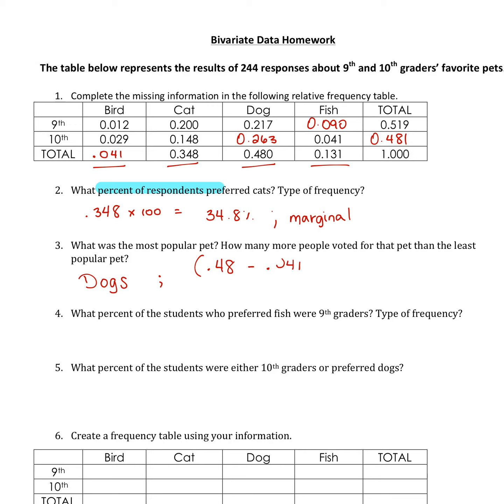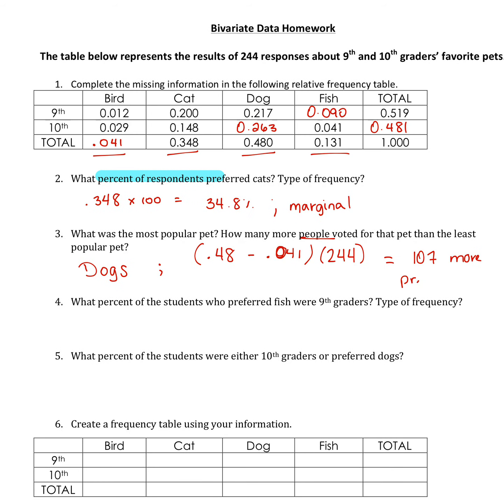So 0.041, and now because it's not asking for a percentage, it's not asking for a probability, it wants people, I'm going to multiply the answer I get from this by the total number of people surveyed, which was 244, and I get 107 more people prefer dogs than birds.